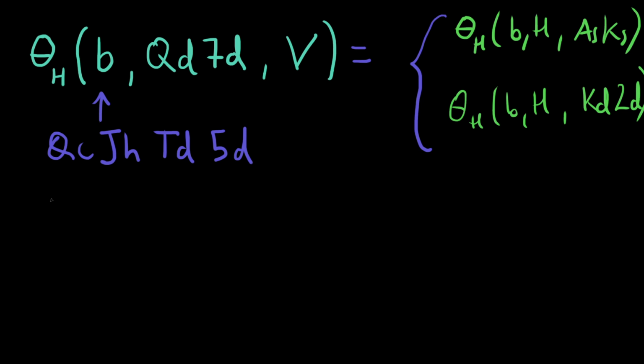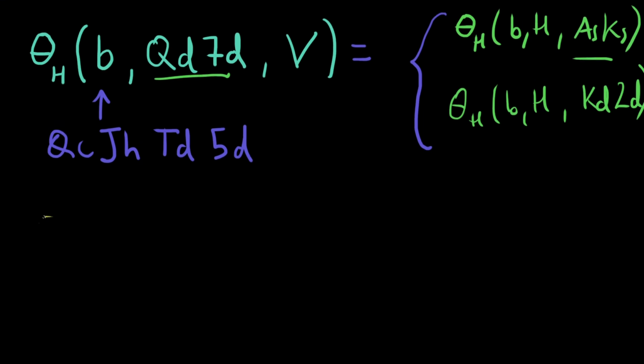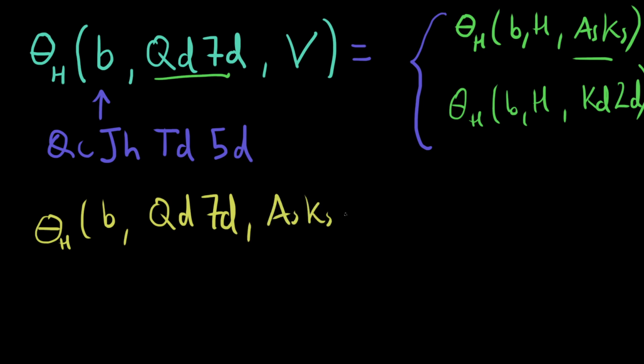Looking at each of these, the first one is where hero's queen of diamonds, 7 of diamonds is up against the ace of spades, king of spades. This is going to have a showdown function for hero. So let's write this out: queen of diamonds, 7 of diamonds, ace of spades, king of spades on this board.